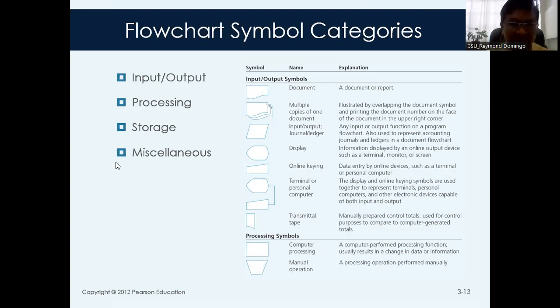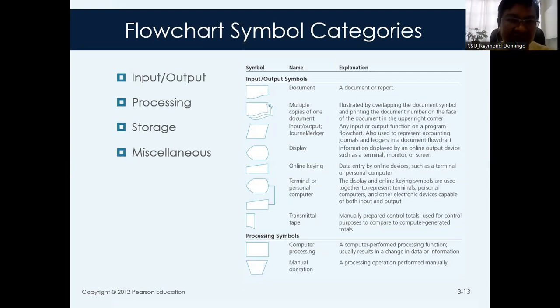Okay. So, last meeting class, I had shown you the different symbols in a flowchart. We have the input symbols, output symbols, processing symbols, storage symbols, and miscellaneous symbols.